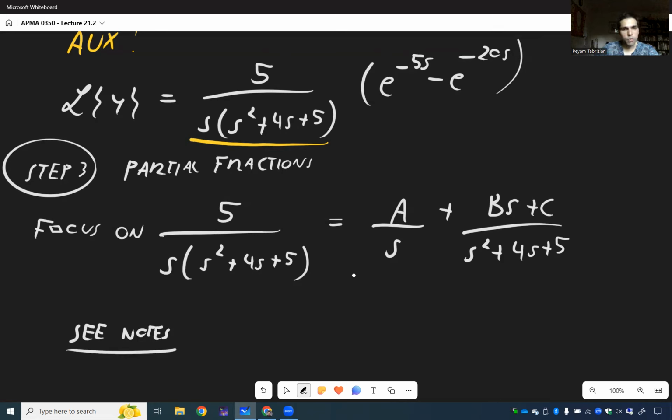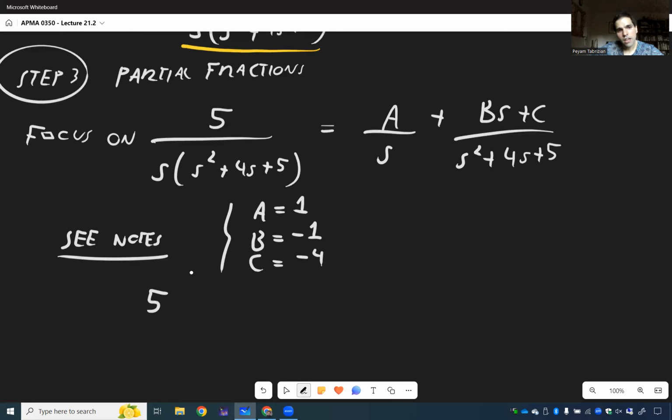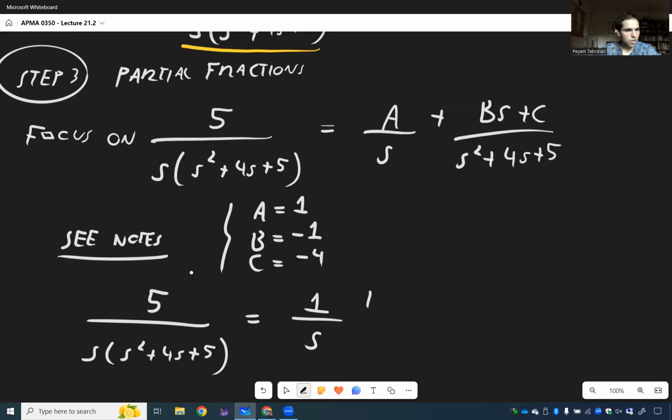And you eventually obtain that a equals 1, b is minus 1, and c is minus 4. So what that tells you is 5 over s times s squared plus 4s plus 5 is 1 over s plus minus s minus 4 over s squared plus 4s plus 5.